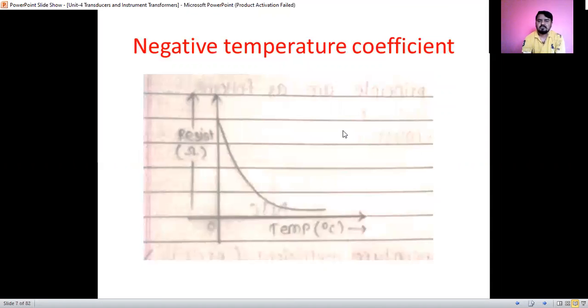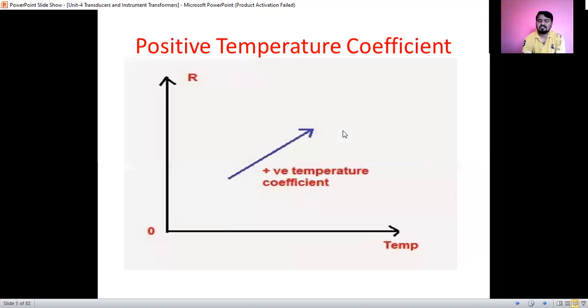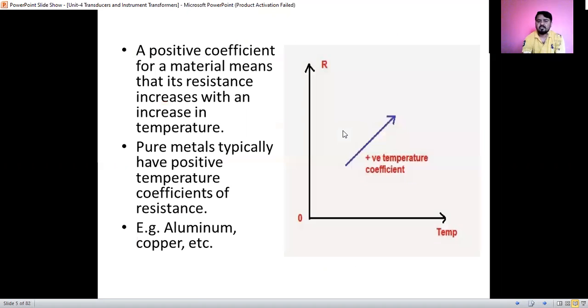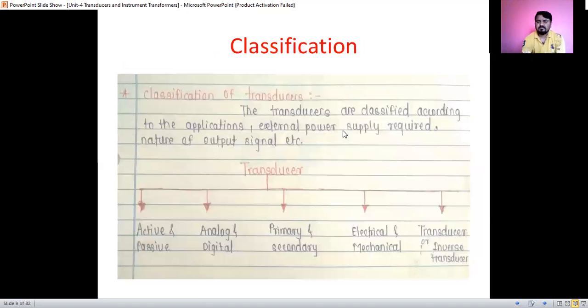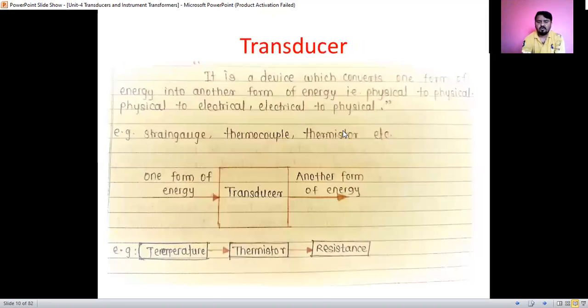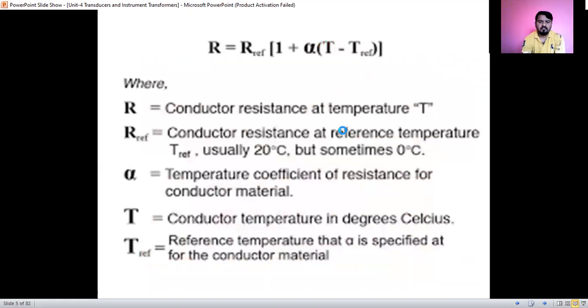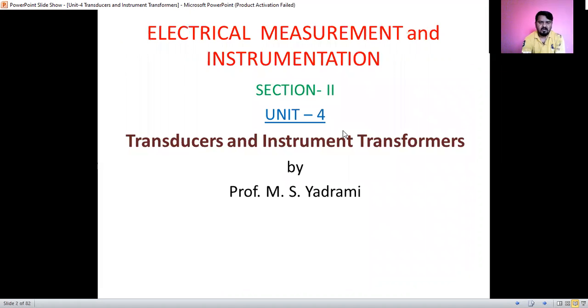Tomorrow when I start the class, I will ask the questions. You have to remember these types of transducers also. How many types are there? All these definitions you have to remember. The MCQ questions will come based on this only. You have to prepare well for this.